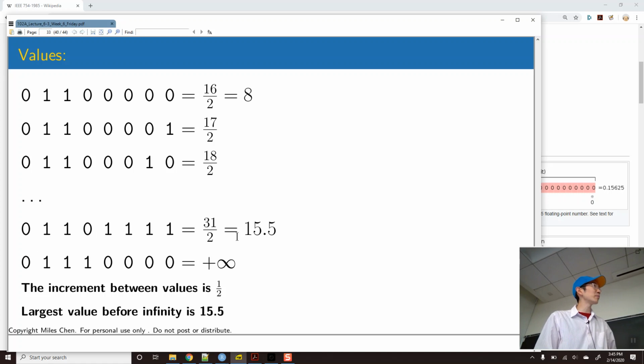And this is the biggest number we can have that's not infinity, and that's going to be 15.5. But the important thing to note is that the values close to 0 have tiny increments, and as we move farther away from 0, the increments double in size each time.